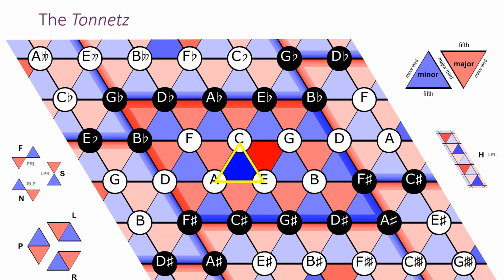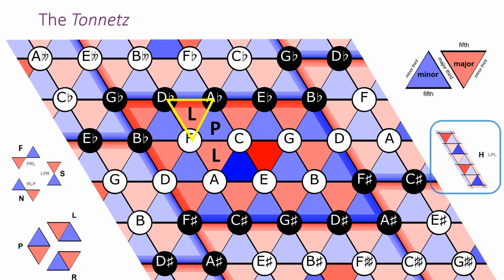Another transformation that has been given a special name is an L P L, which moves it to what we call the hexatonic pole, and you can see that it's moving steadily in one direction.